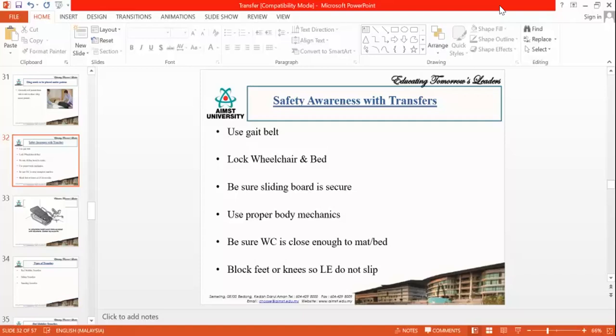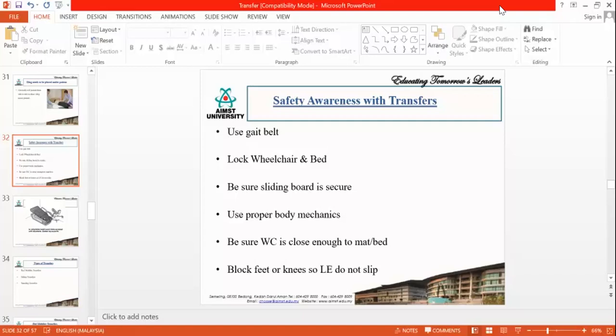It should not be kept on an empty space where, when the patient slides down, they may fall down. Instead of sitting on a chair, they may sit on the floor. So make sure the sliding board is secured properly. Sometimes if it is not secured properly, it may slide along with the patient and go away from the chair or another place.